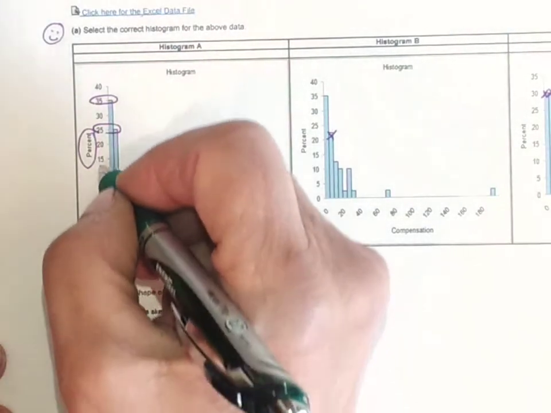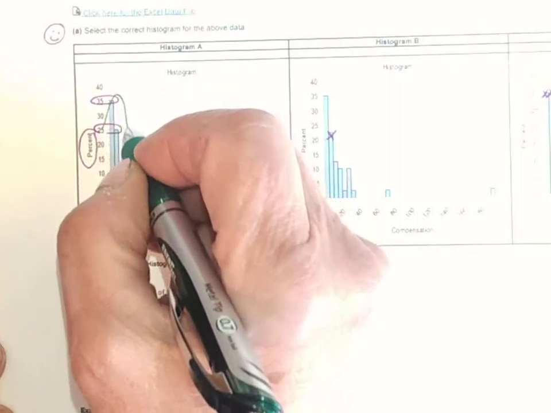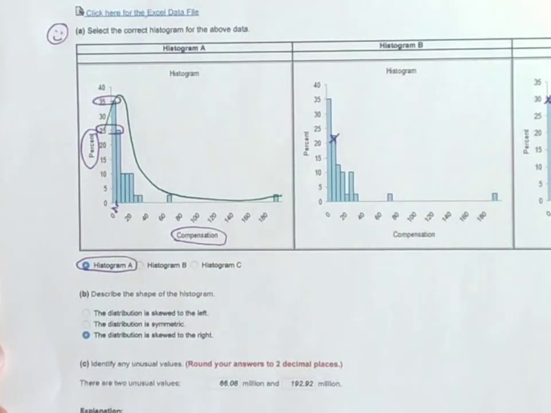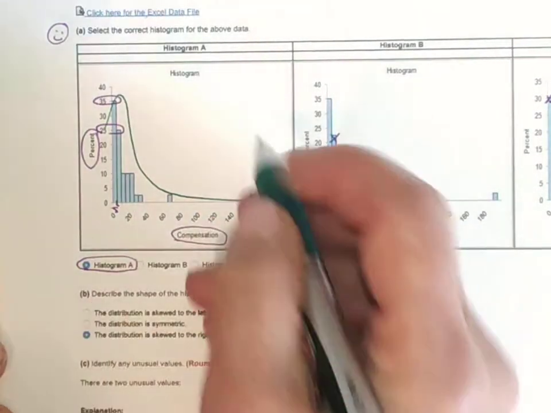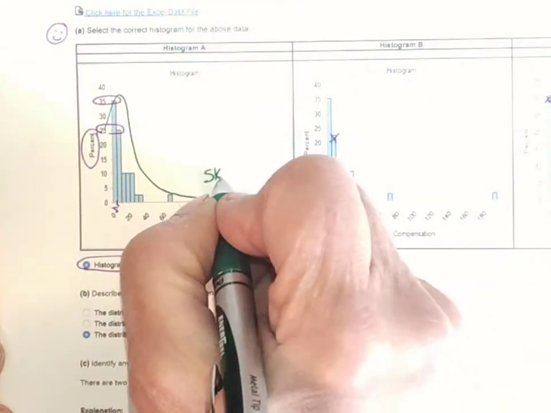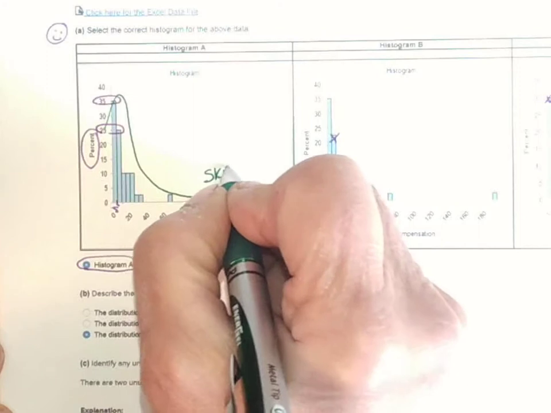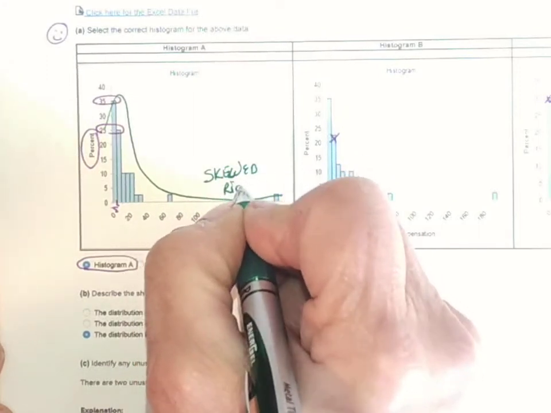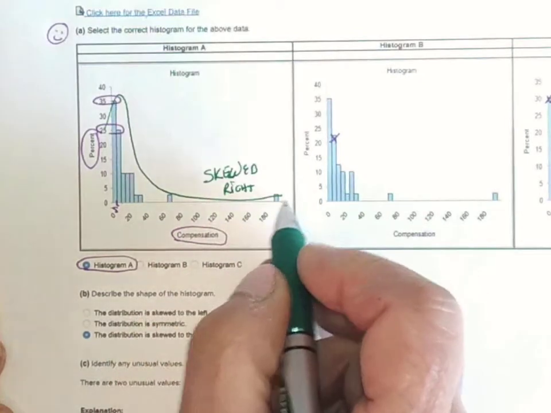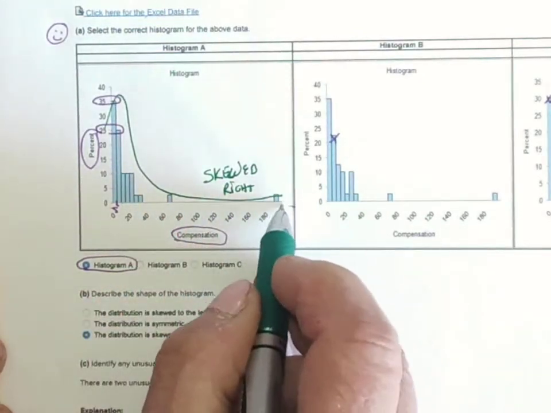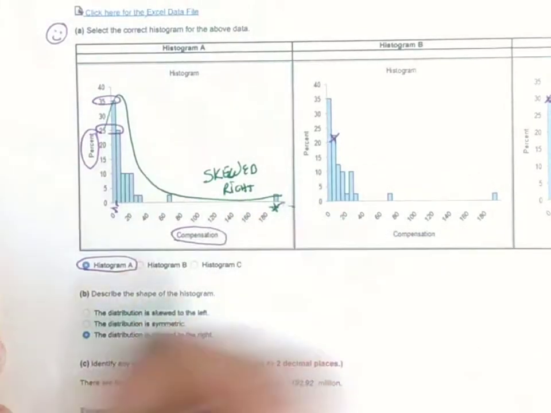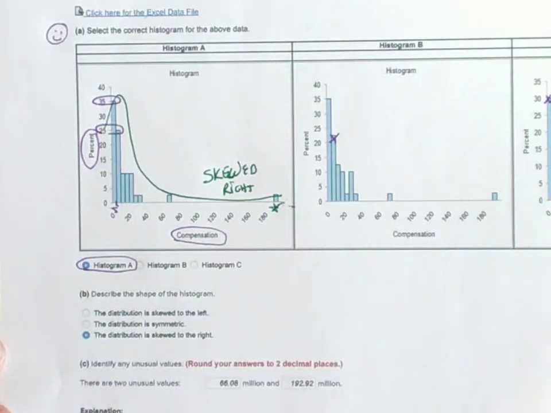So a way that is nice to look at this is draw yourself a little graph here. And this is called skewed right, because you have an outlier here. So there's an outlier here so that it's skewed right.